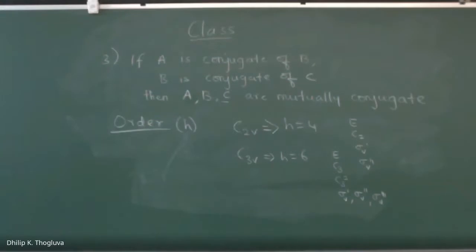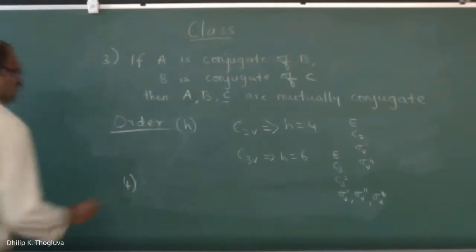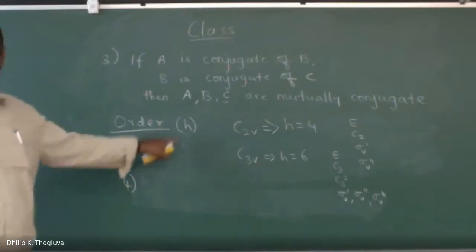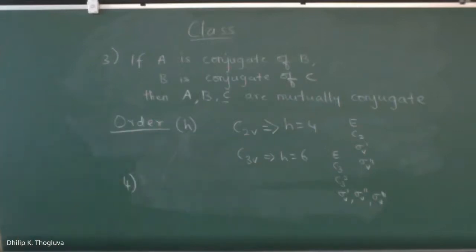So the fourth point is: the order of all classes will be an integral multiple, I mean an integral factor, of the order of the group.